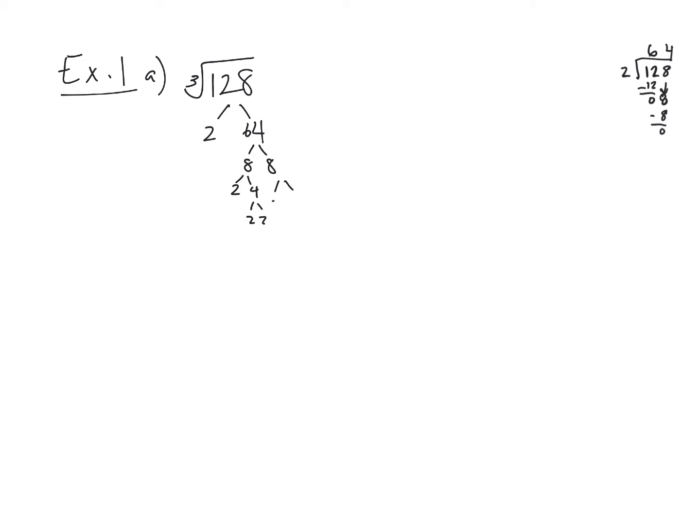And same thing again, right? I have a 2, a 4, and then the 4 becomes 2 and 2. Now I'm looking for groups of 3. So I have 3 2s here at the end of branches, and I have 3 2s here. So I have 2 groups of 3 2s.